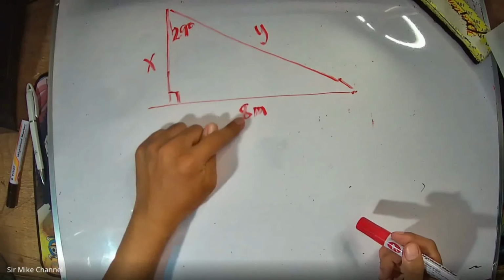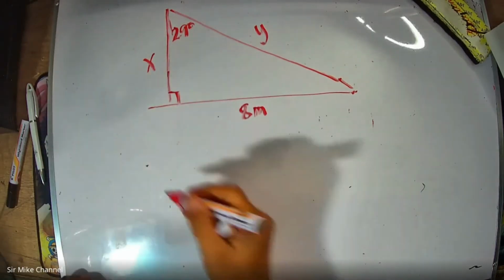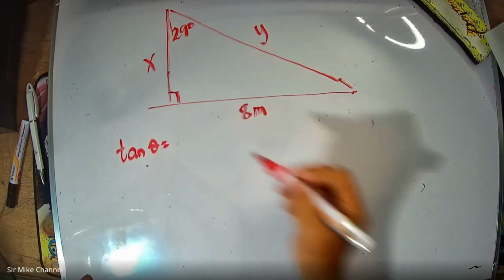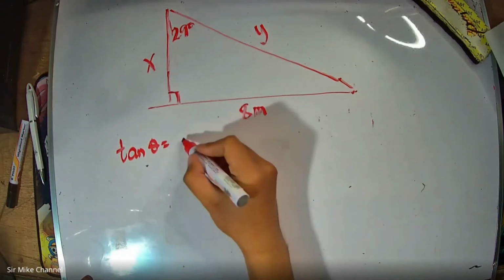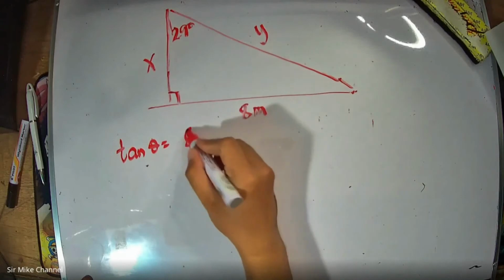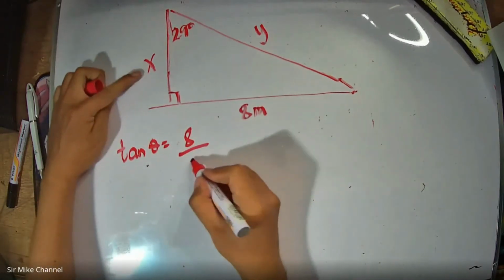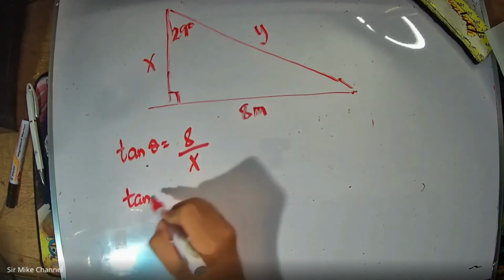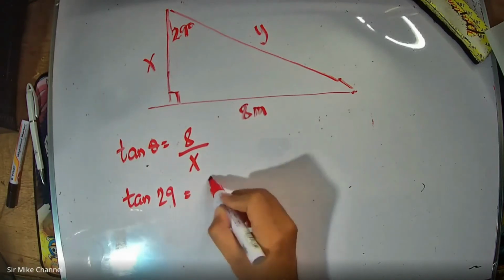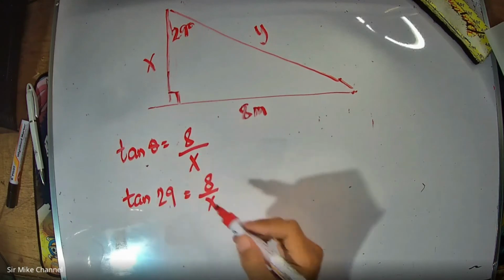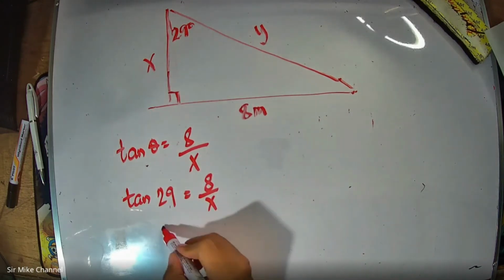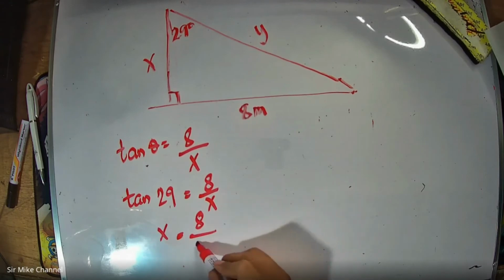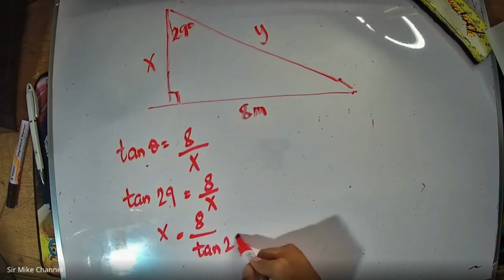So opposite tsaka adjacent, so that is tangent. So tangent theta, meron tayong opposite niya is 8 over adjacent natin is x. So ito ay 29. So tangent 29. So 8 over x. So cross multiply natin yan. So we have x. So para maging x, divided by tangent 29 na lang yan.